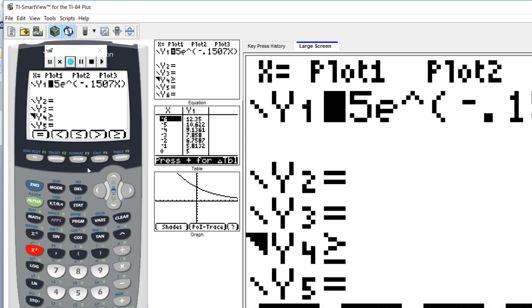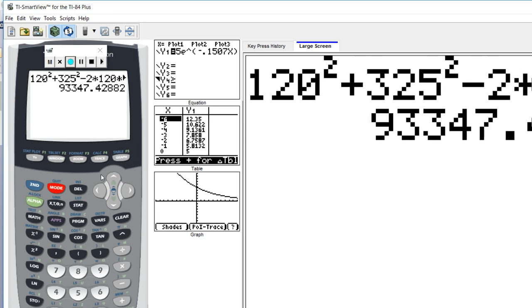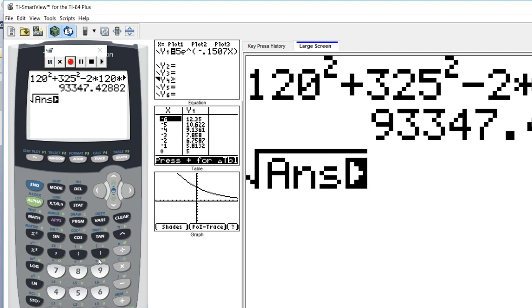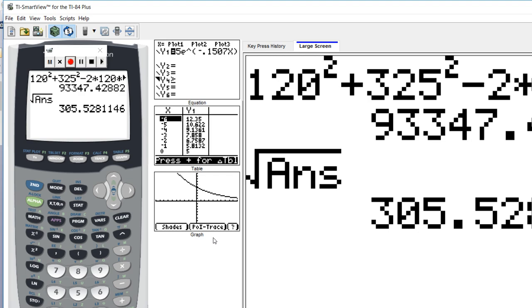Not graph. I hit the wrong button on here. Second. So I go second square root of the answer, and I hit enter. It's 305.5 feet.